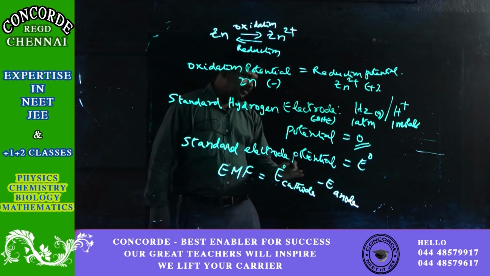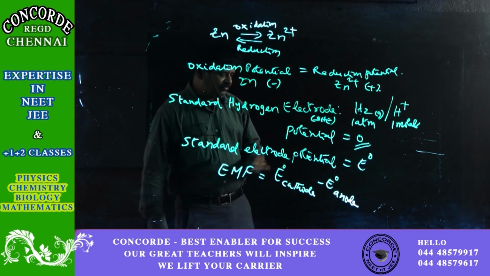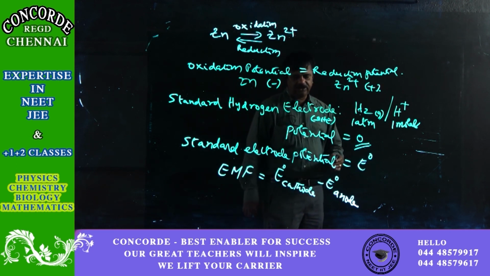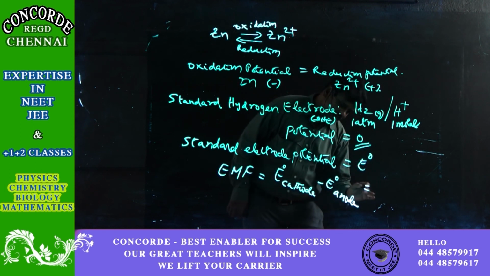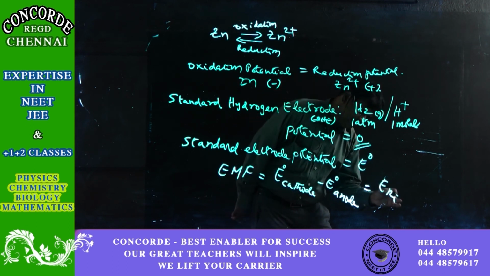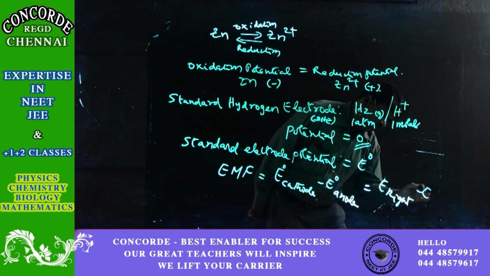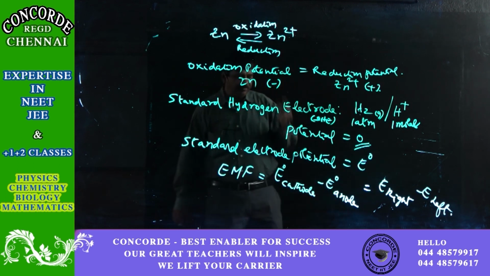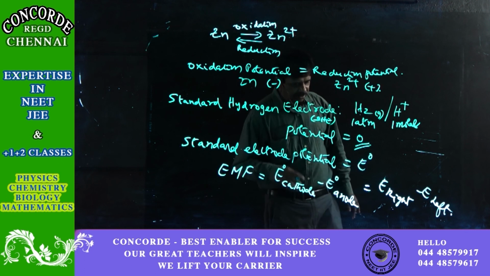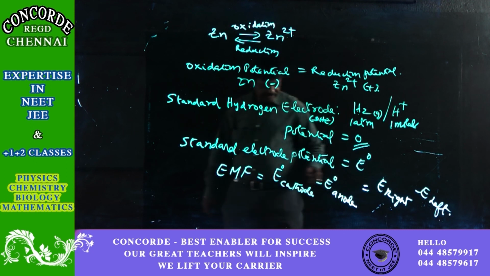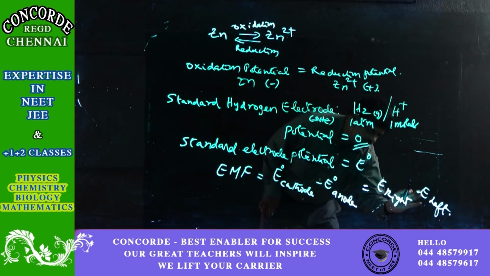That is, E naught cathode minus E naught anode: standard electrode potential of the cathode minus standard electrode potential of the anode. Usually the cathode is on the right, so it is E right minus E left. Right is the cathode compartment, we have seen. Left is the anode compartment. So it is E right minus E left.